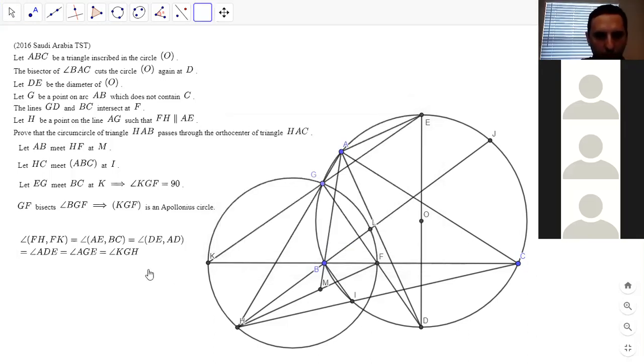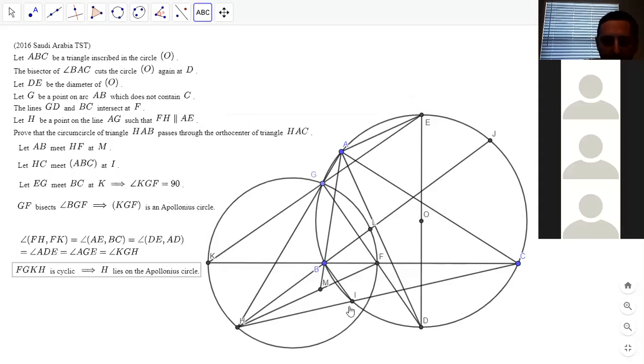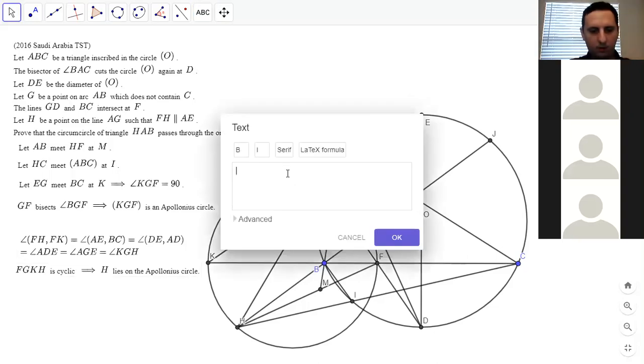So basically we have HM bisects angle BHI. Then we could do that calculation.